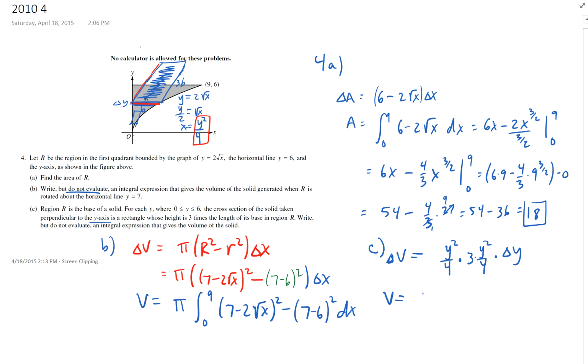So then the volume of the whole thing is the integral from 0 all the way up to 6 of, what do we got here, 3y to the 4th over 16, dy. Okay, does that make sense? There you have it. You don't have to evaluate it. It just says write it but don't evaluate, once again. Okay, there you go.